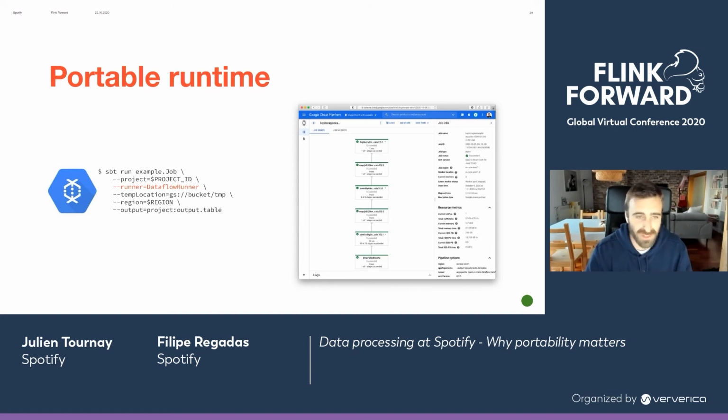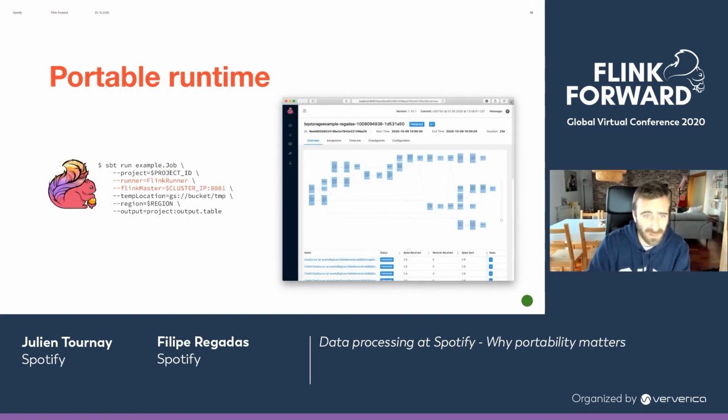We started the job simply by running it from the command line, and note the red line there, the flag runner that specifies the runner to use. So in this case, we just set it to Dataflow runner. So the next step was to actually run it on Flink, and if you were guessing, that flag was just set to Flink runner.